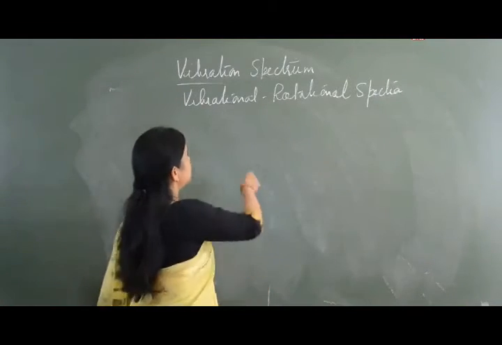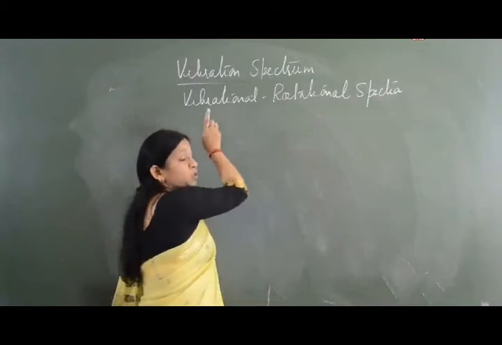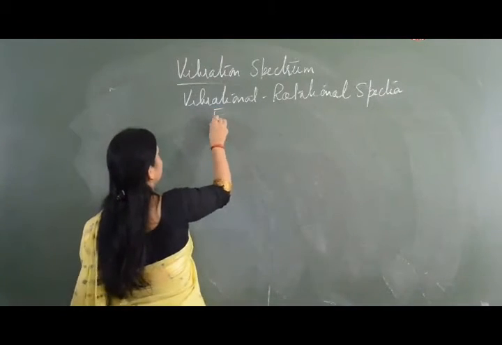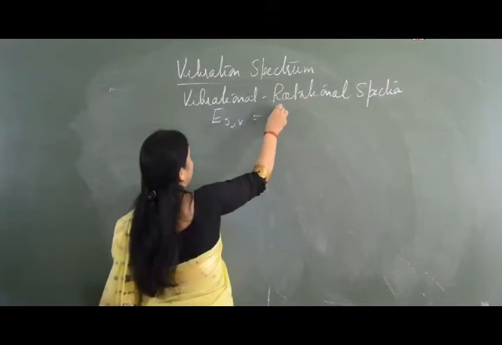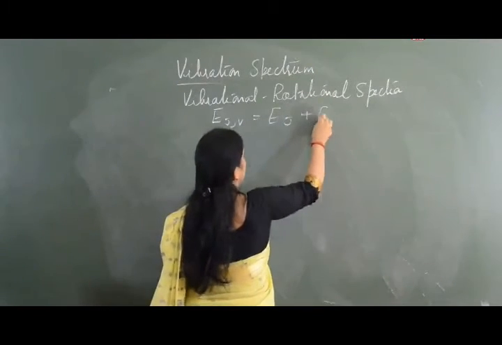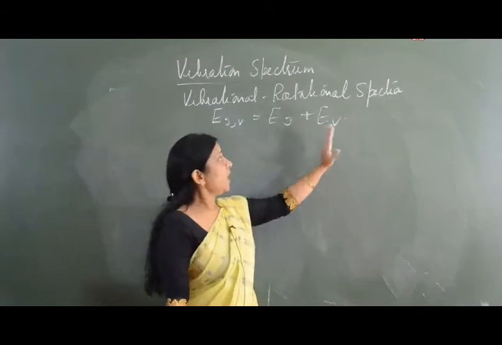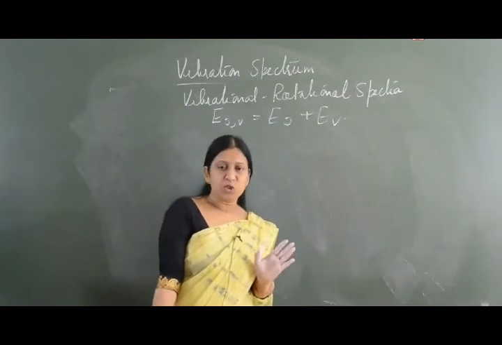But if we consider rotational changes with vibrational changes, then the energy is given by E J plus E V. This is the energy for rotational changes, and this is the energy for vibrational changes.